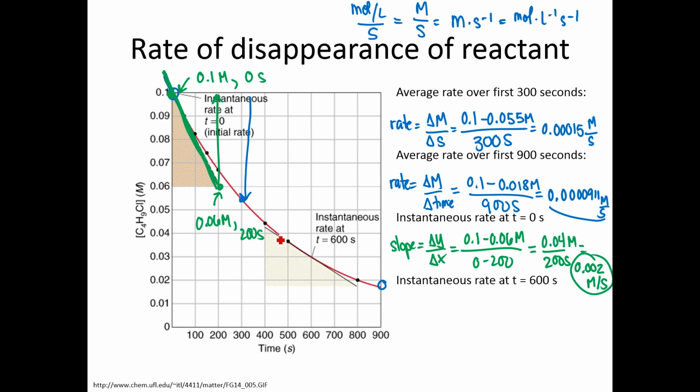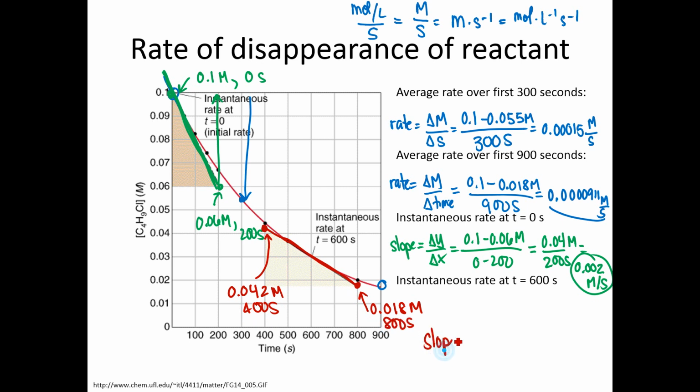Later on, if we look at a different data point, like let's find the instantaneous rate at time equals 600 seconds, I'm going to look at the tangent right here. And again, I'm going to pick 2 data points off of this tangent line. So right here, I'm going to estimate that being 0.042 molarity at 400 seconds. And this one looks like maybe let's say 0.018 molarity at 800 seconds.